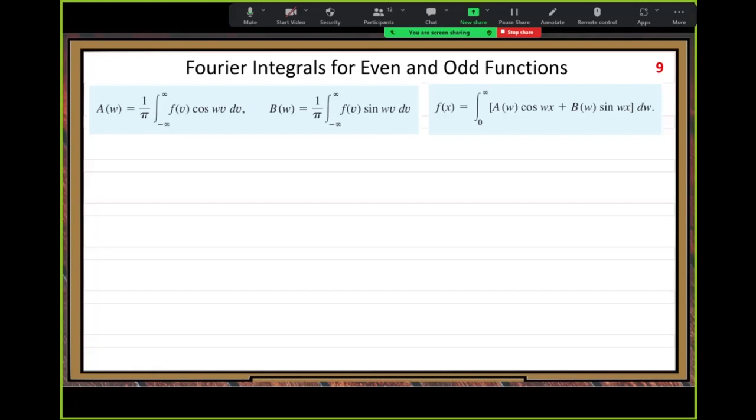So here, let me use f of x this time, because look at the integral range, the limit from 0 to infinity.